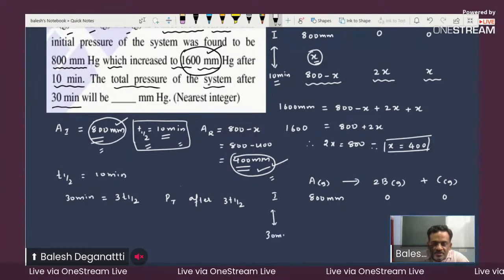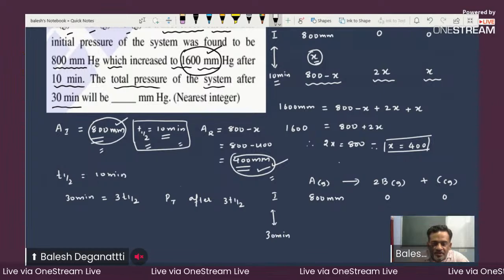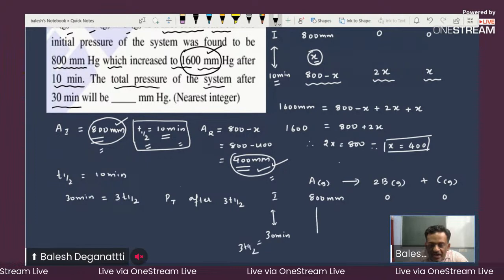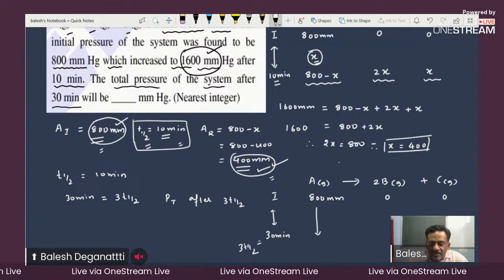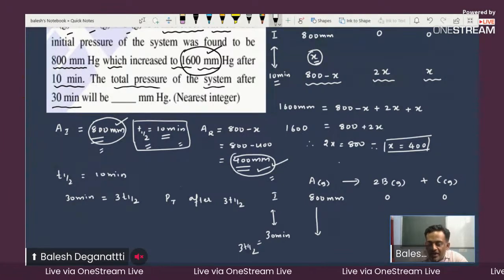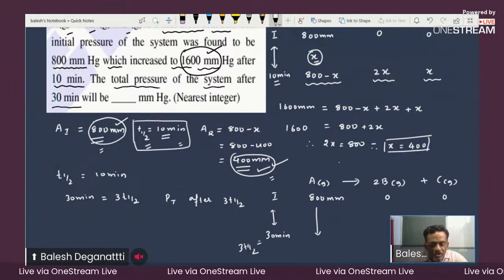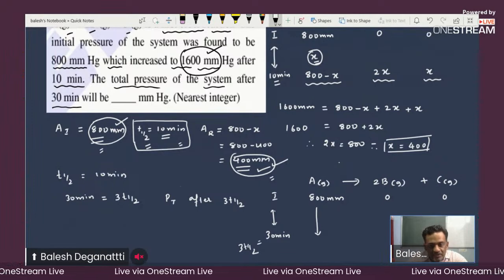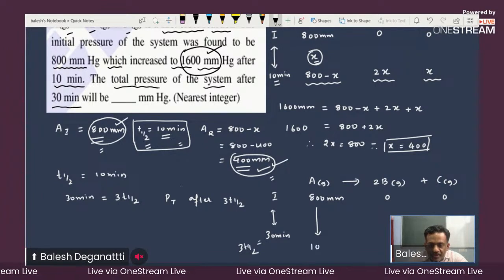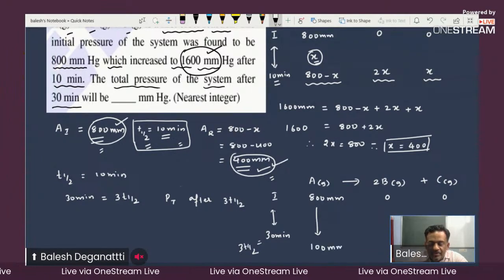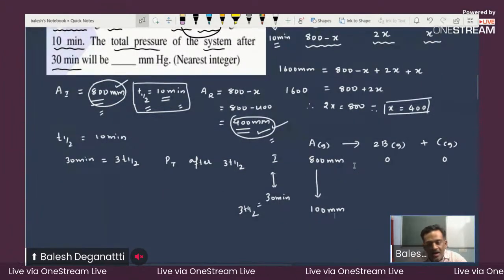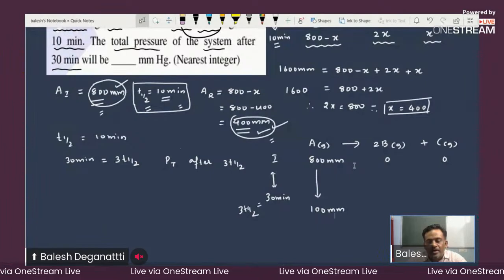After 30 minutes means how many half-lives? 30 minutes is 3 half-lives. So from 800 you have to travel 3 half-lives. If you travel 1 half-life, it becomes 400. If you travel 2 half-lives, it becomes 200. If you travel 3 half-lives, it becomes how much? 100 mm.